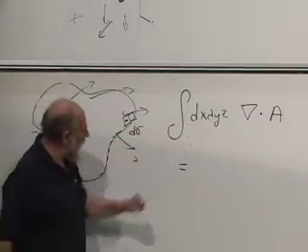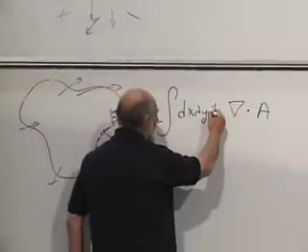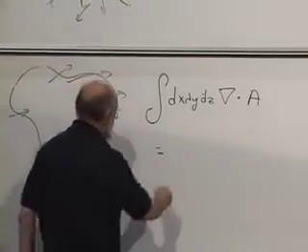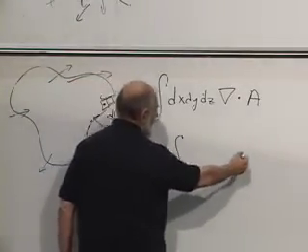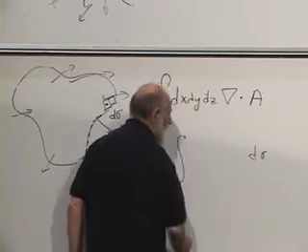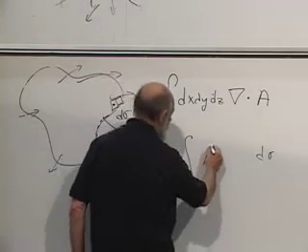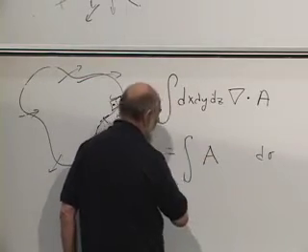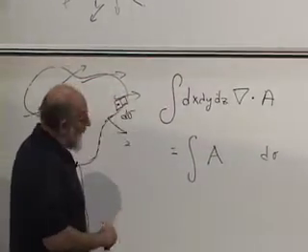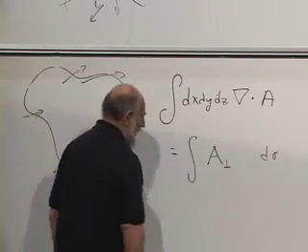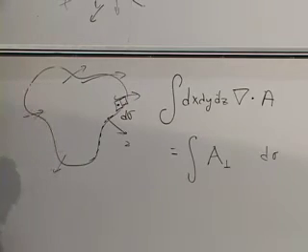This three-dimensional integral over the interior here is equal to a two-dimensional integral, d sigma, over the surface, and it is just the component of A perpendicular to the surface. Let's call it A perpendicular to the surface, d sigma.